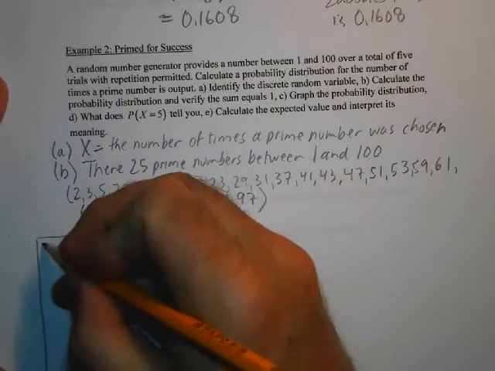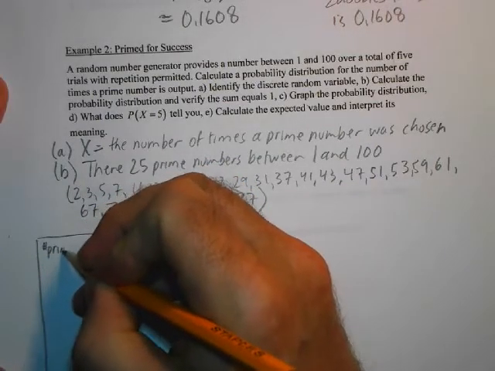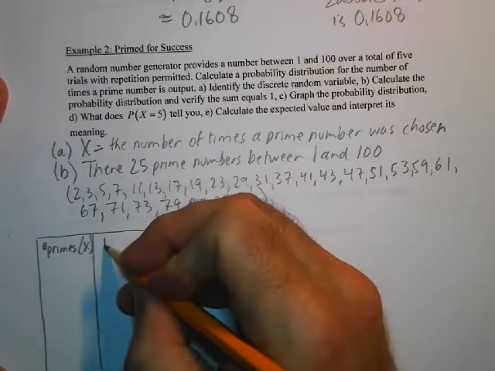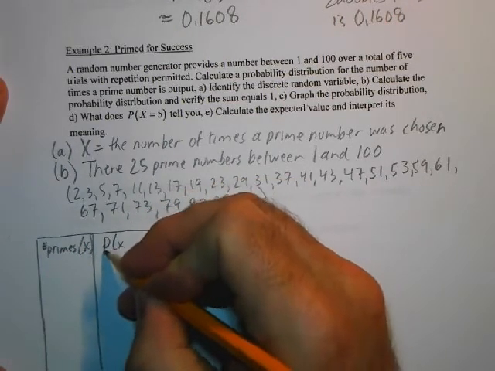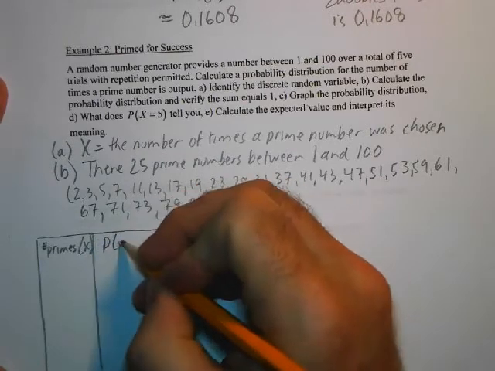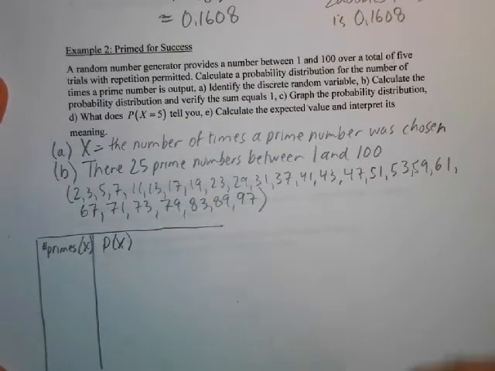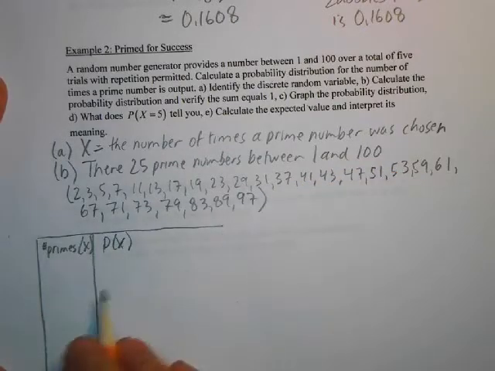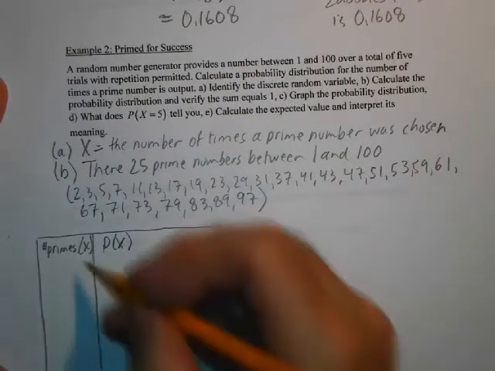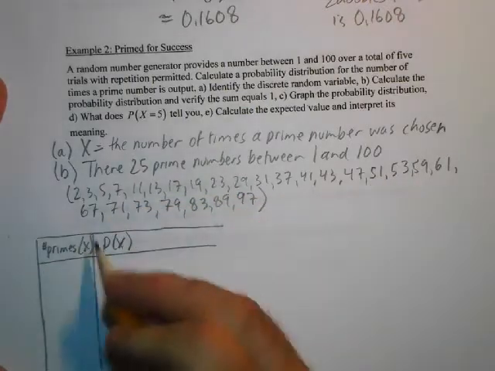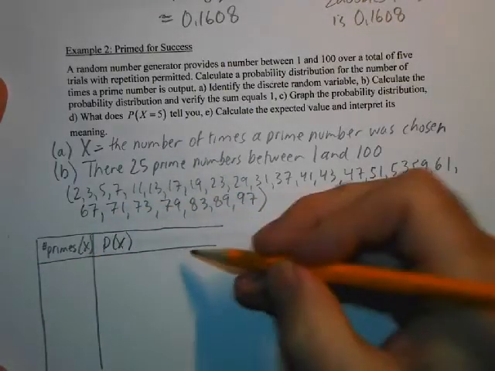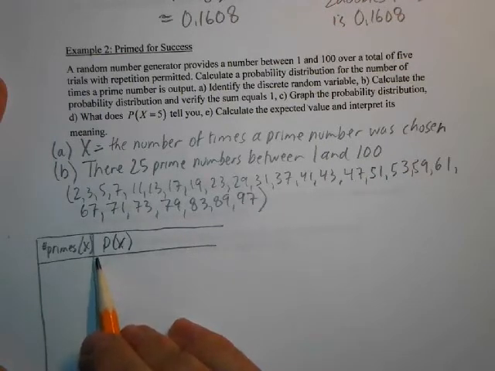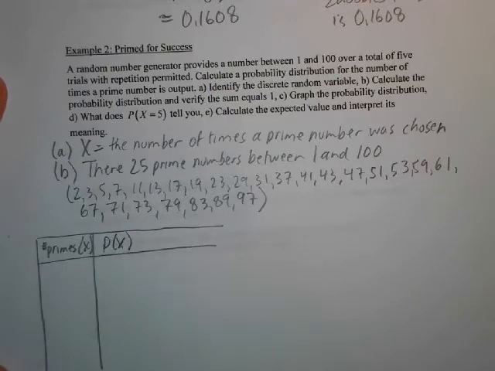In the first column, we've got the number of primes, and that's our random variable X. Then we have our probability of getting that number. This part here is your probability distribution. I'm also going to include X times P(X), and that's going to help me calculate our expected value.